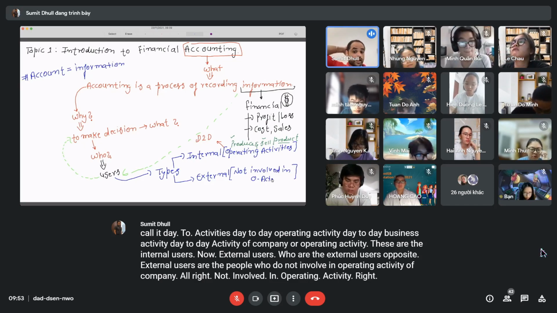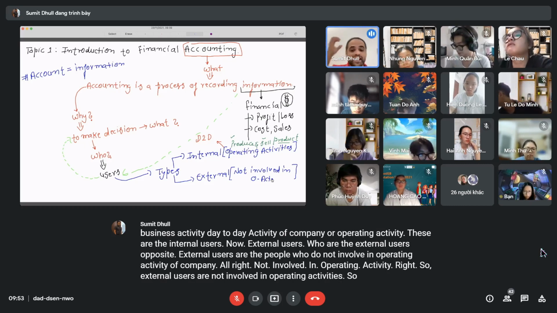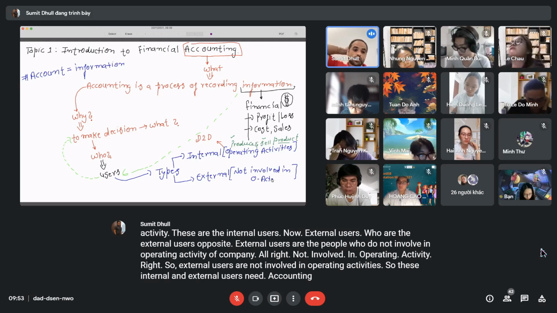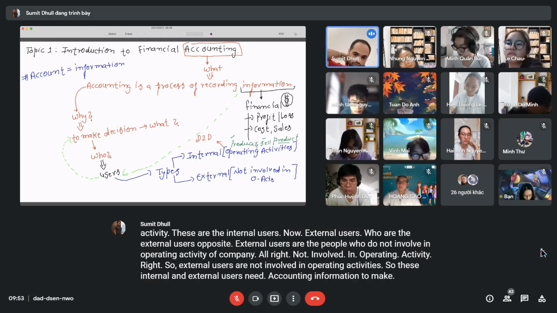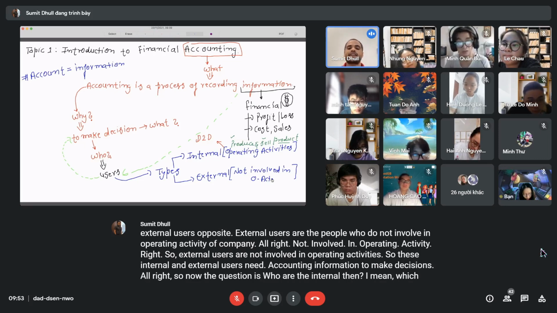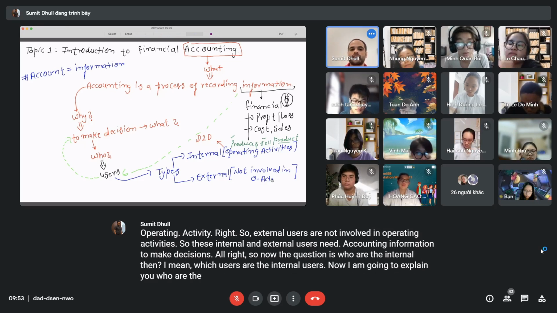So external users are not involved in operating activity. So these internal and external users need accounting information to make decision. All right. So now the question is, who are the internal then? I mean, which users are the internal users? Now I am going to explain you who are the internal users.